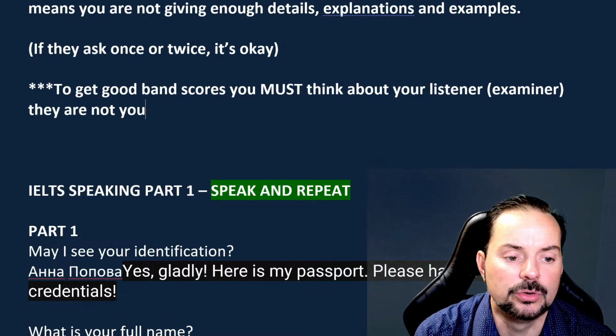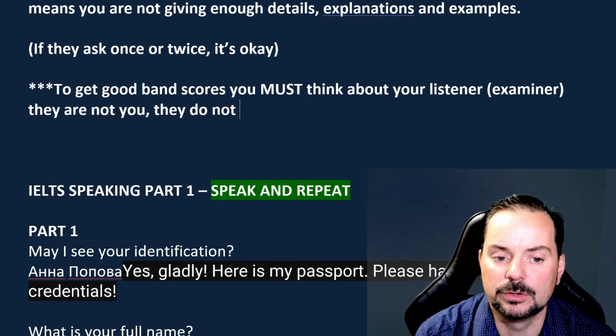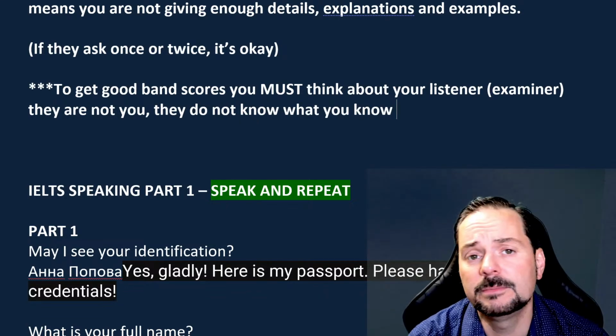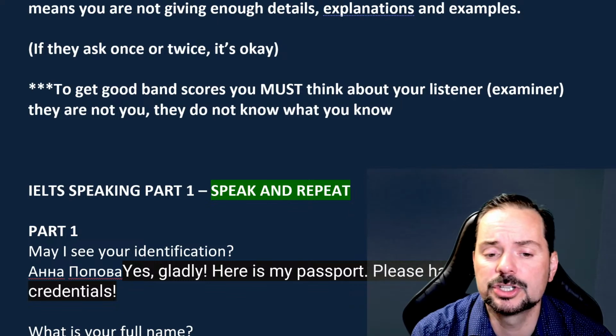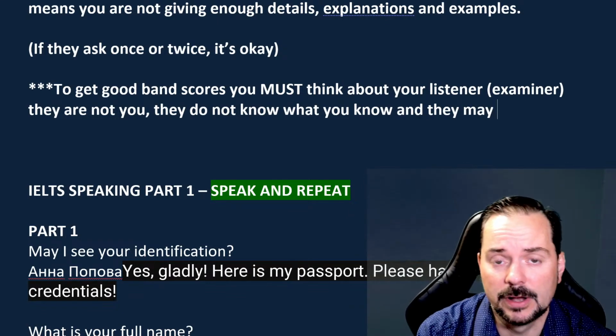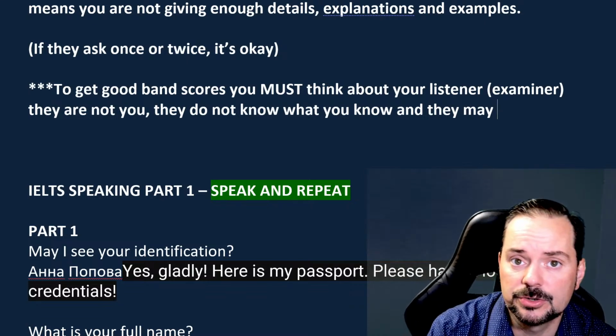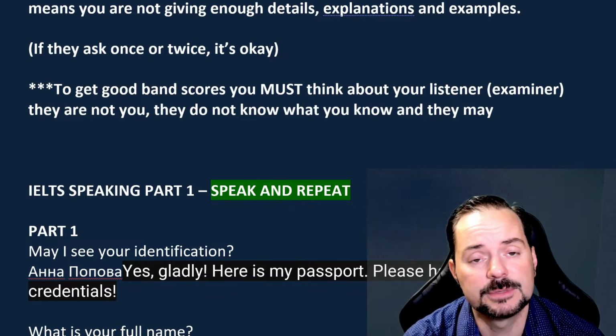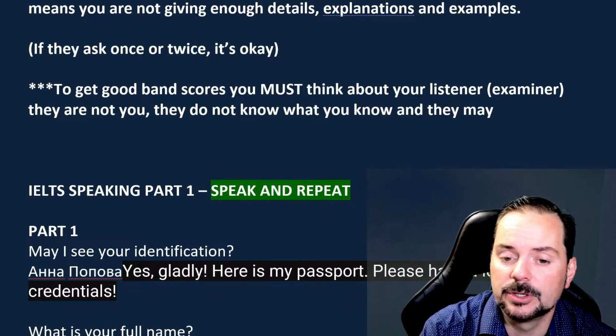They are not you. They do not know what you know. And they might not even be familiar with your country or culture. They might just be there on a contract. A lot of them are. A lot of examiners go to a country on a short-term contract to conduct the exams, and then they leave, and they might not know a lot about your country or your culture either.